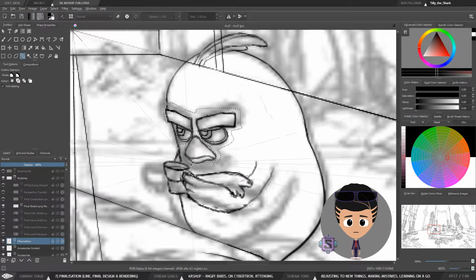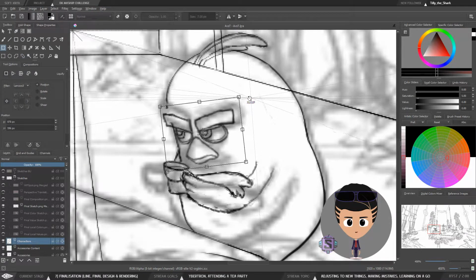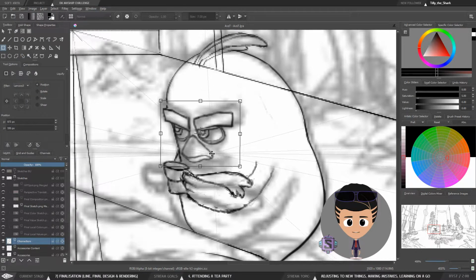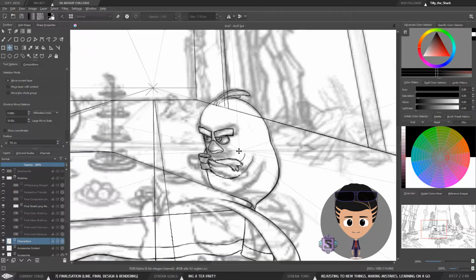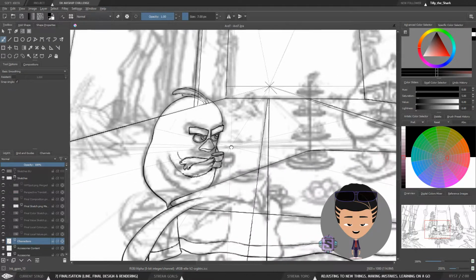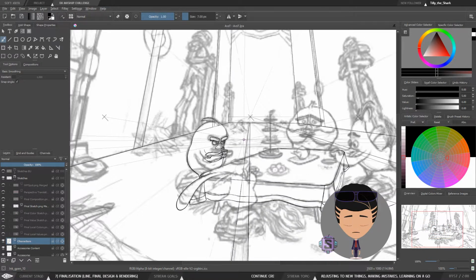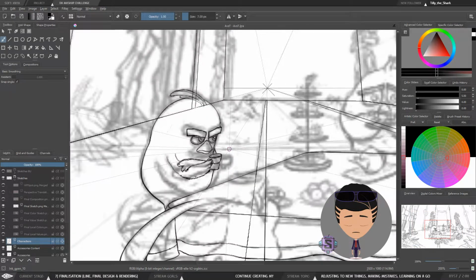Oh, this thing is apart. This actually looks even cooler.